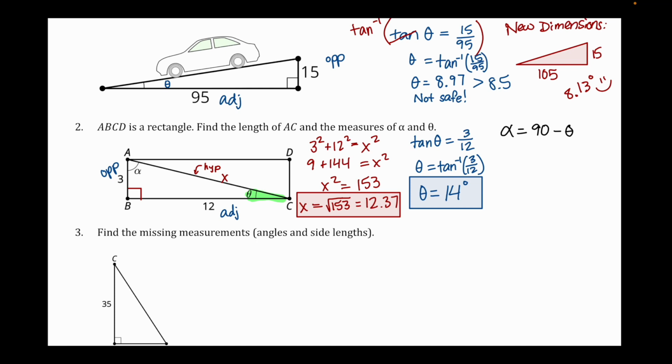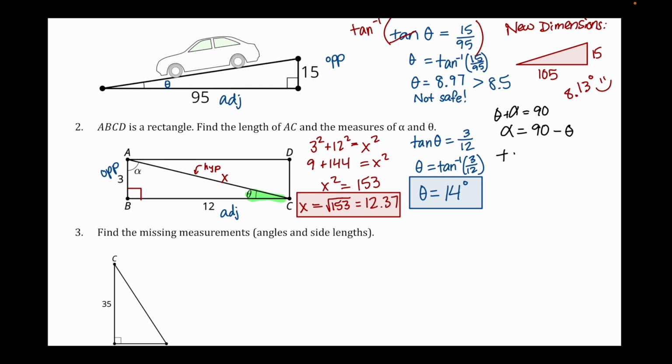Because if we added theta to both sides, theta plus alpha equals 90. So we could just subtract from 90. And if you subtract 14 from 90, you would get 76. But I'm still going to show the work here.